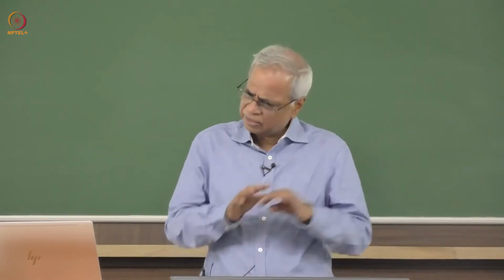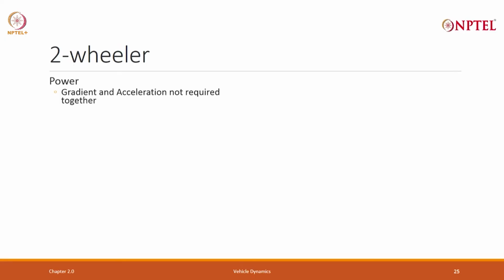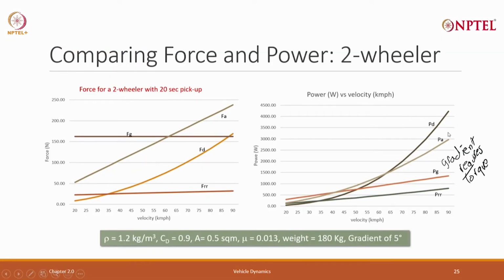If I look at this, it is the same two-wheeler. If I look at the power, it is the gradient and acceleration that really matter. Well, for force also, not just power. If I look at force, the gradient and acceleration matter.